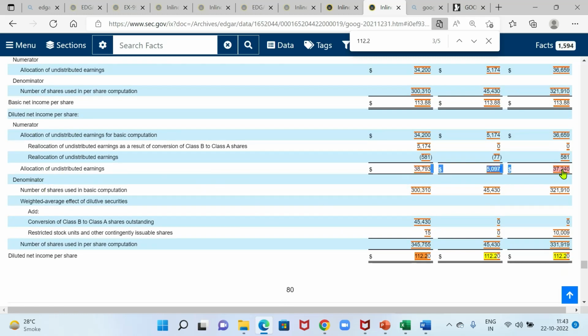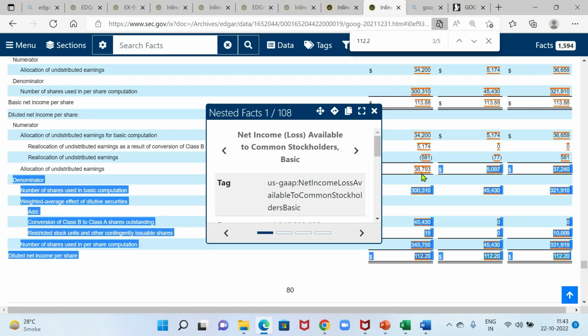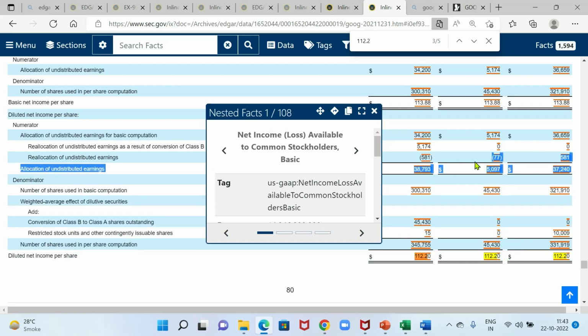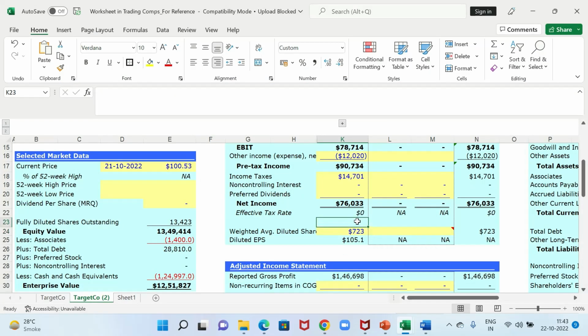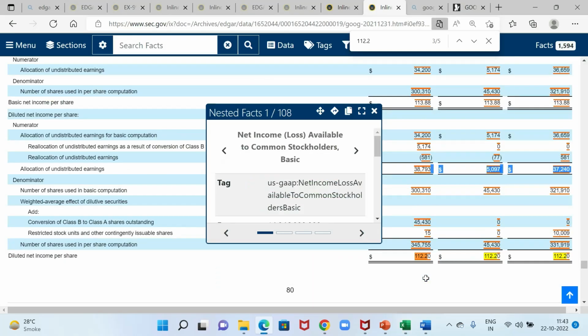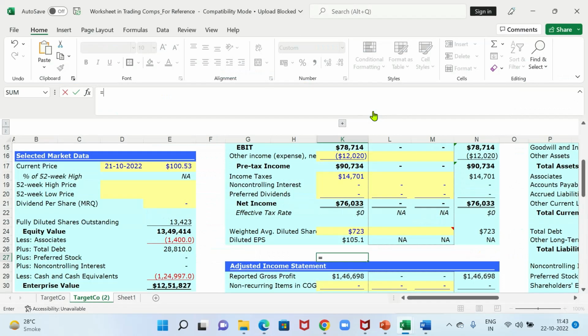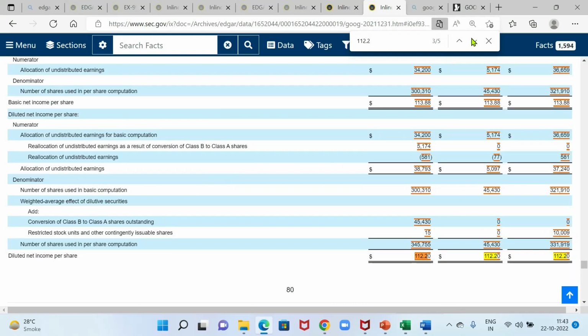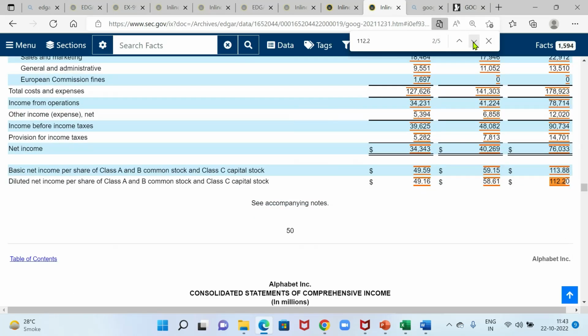Let's do a back of the envelope calculation. 38793, 373724. Okay, this number itself is coming different, 8133. Let me just check where this 8133 is coming from.